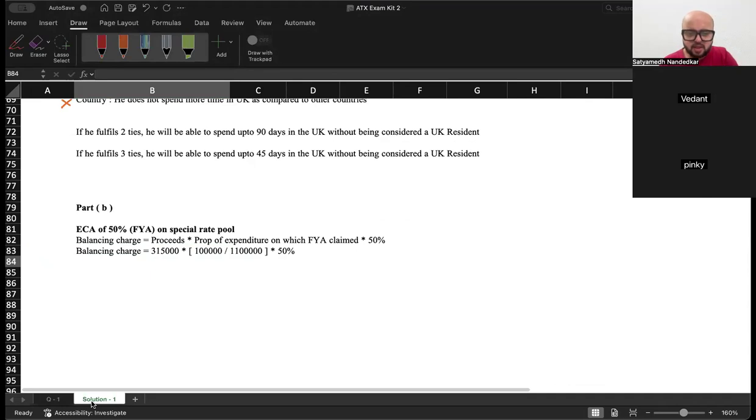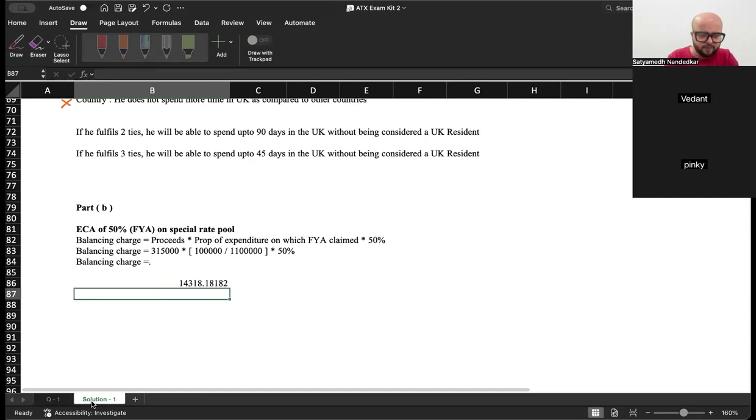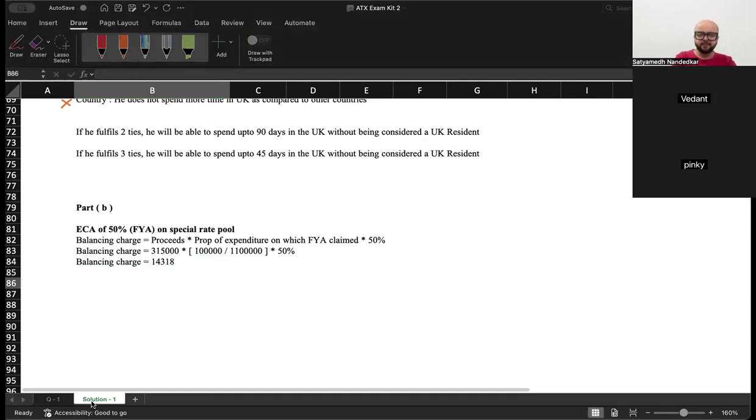How much will the balancing charge come to? It is 14,318, right? Now the half of the proceeds relating to FIA will create a balancing charge.